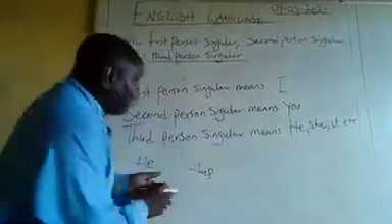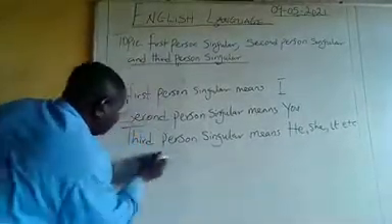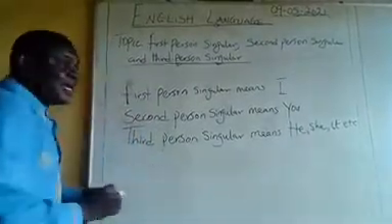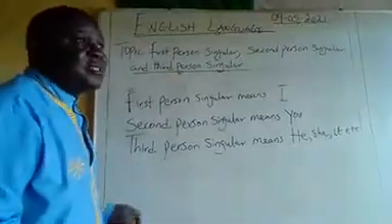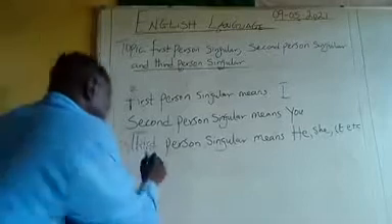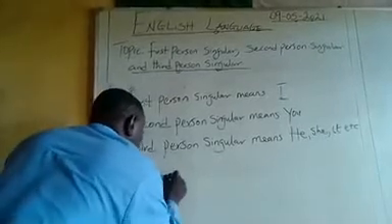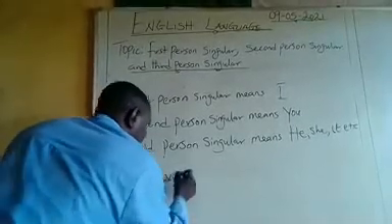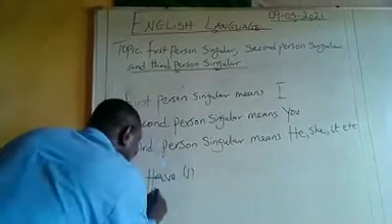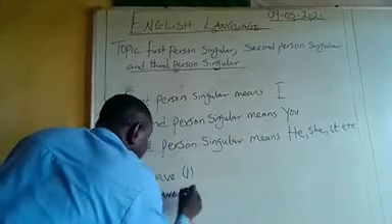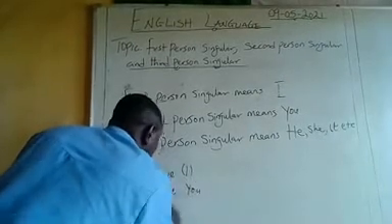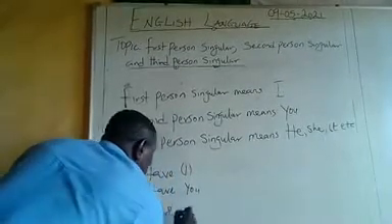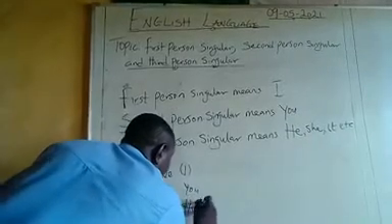But first person singular, as in the first place I said, the verbs of the first person singular and the second person singular are the same. Have for the first person singular, have for the second person singular, has for the third person singular.